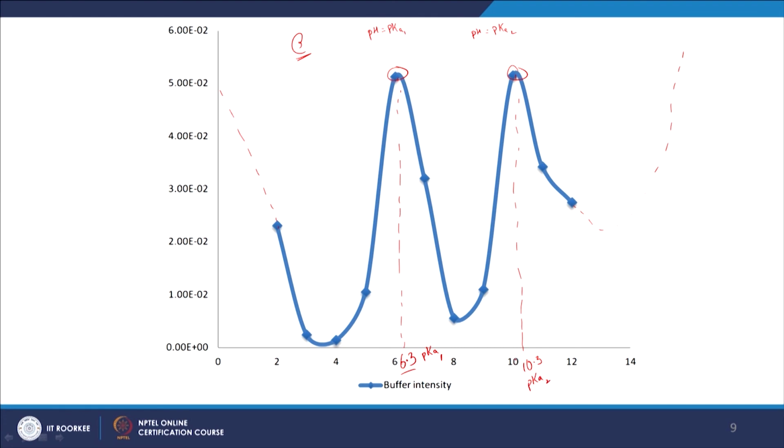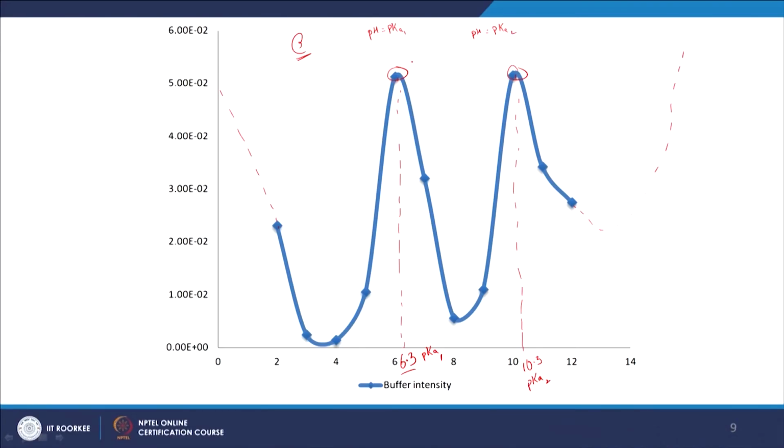So, more or less the take home message is that the diprotic acid acts as if you have two different buffers in the system. One is with respect to H2CO3 and HCO3 minus, and the other is with respect to HCO3 minus and CO3 2 minus. At this particular pH, which forms predominate? H2CO3 and HCO3 minus predominate. So, this will act as the acid when required, and this will act as the base when required.